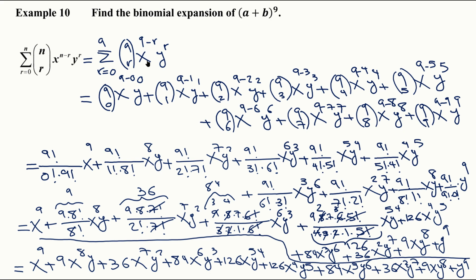Notice we did the expansion with x and y, right? But the rest is pretty much trivial because all we're going to do is replace all x's with a's and all y's with b.